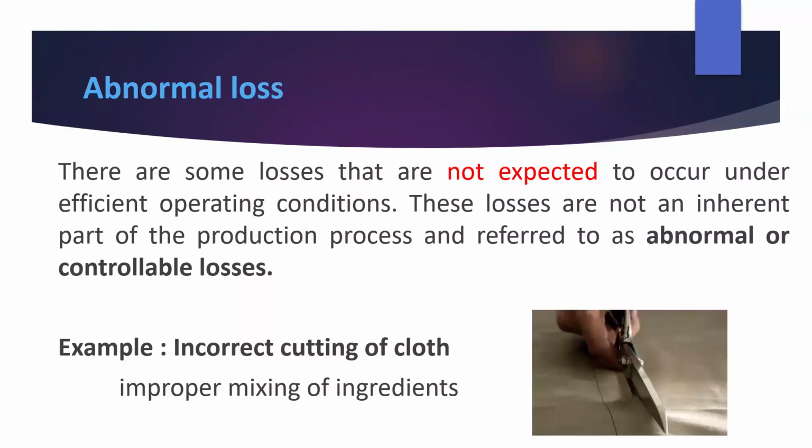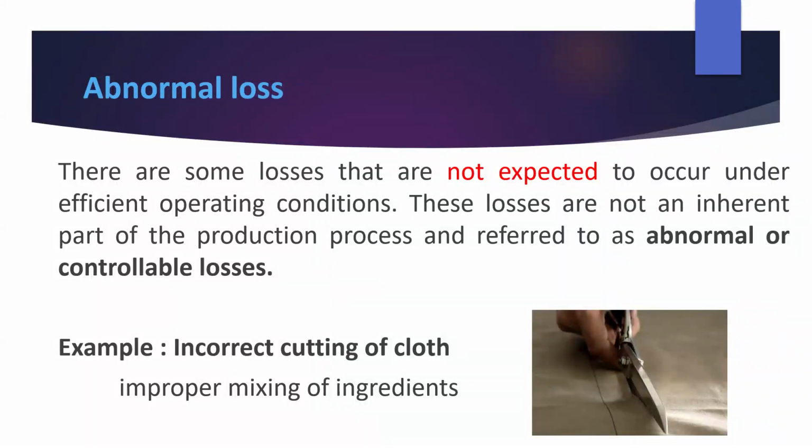There's a special procedure with regard to the abnormal loss. As I mentioned earlier, there are some losses that are not expected to occur under efficient operating conditions. These losses are not an inherent part of the production process and are referred to as abnormal or controllable losses, such as incorrect cutting of cloth, improper mixing of ingredients.